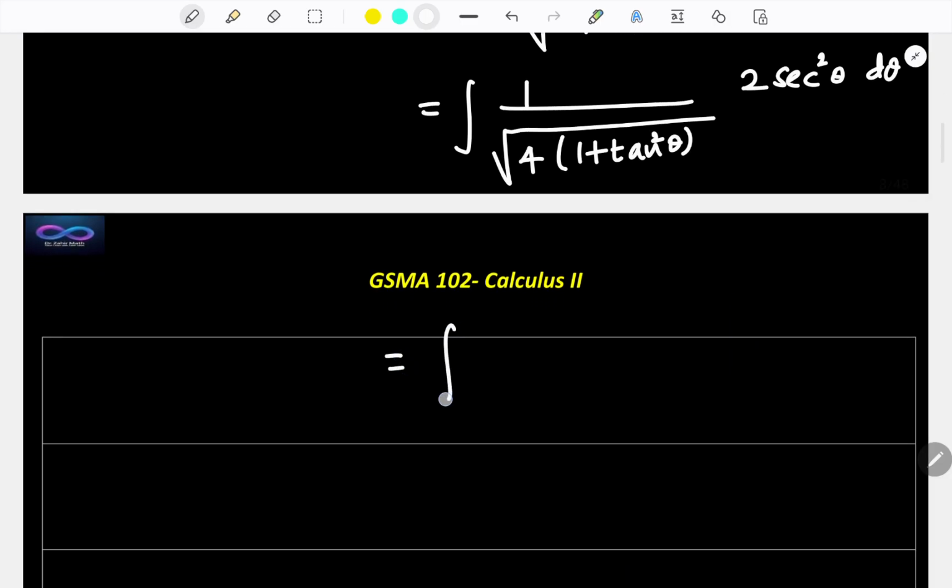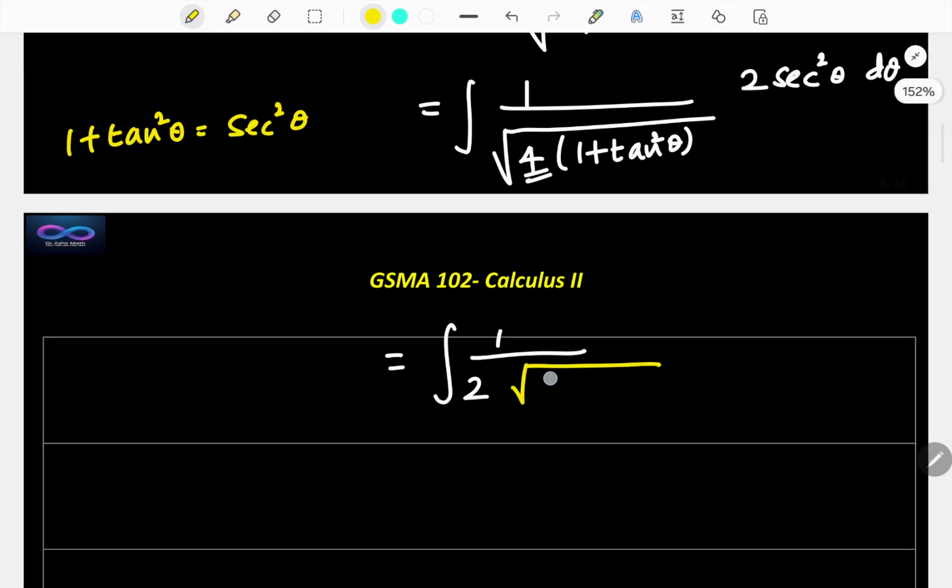So this equals integral 1 by square root of 4, which is 2. Now 1 plus tan square theta, you studied in the last exercise, is secant square theta. So this is square root of secant square theta, 2 secant square theta d theta.